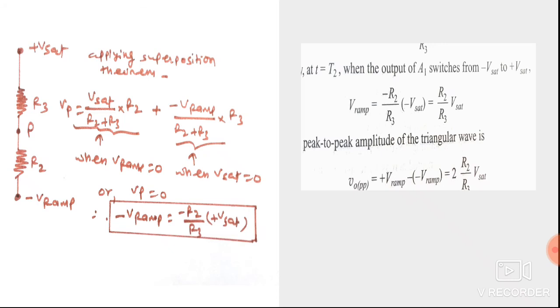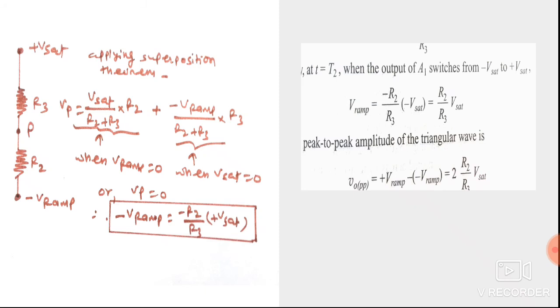So the potential of point P equals Vsat divided by R2 plus R3, into R3, plus minus V ramp divided by R2 plus R3, into R3. When V ramp is 0, this term comes. When Vsat is 0, this term comes.